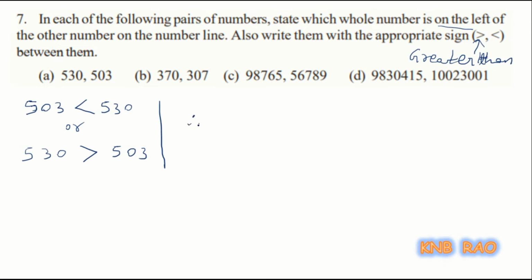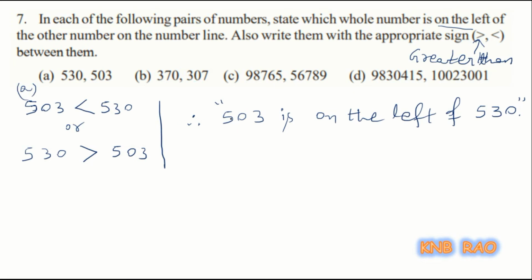We can say in this case 503 is on the left of the number 530. So we can write this: number 503 is on the left side of the number 530 on the number line. So this is how we write. For the rest of the things, you do it on your own.